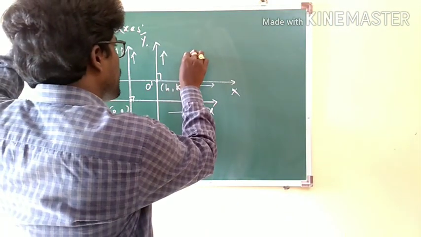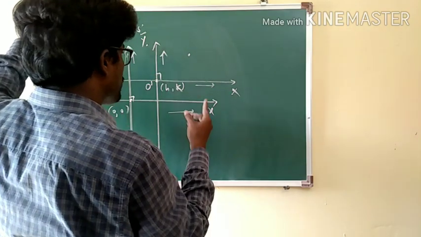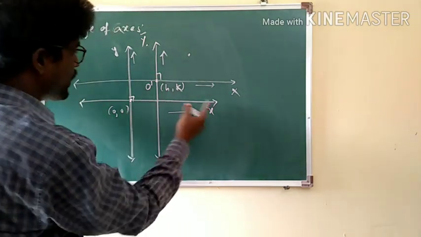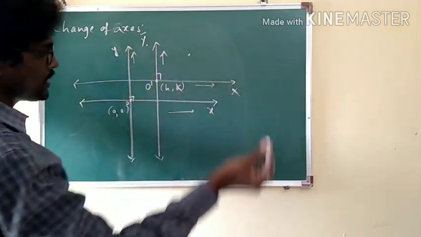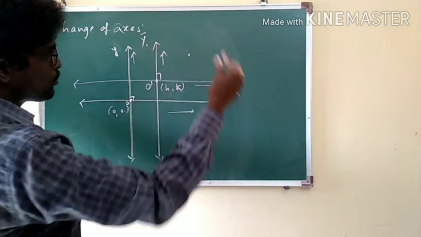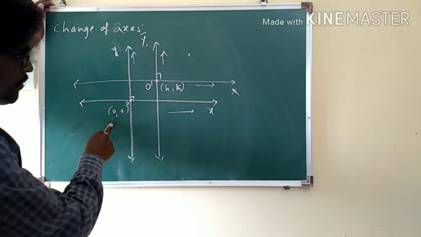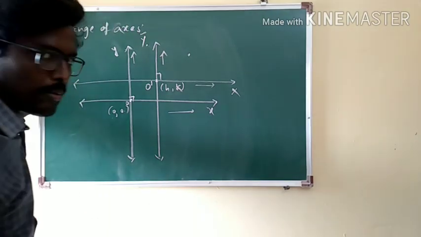The point I am taking in the coordinate plane with respect to the old axes OX and OY, which are the old axes, and O dash X and O dash Y are the new axes. The origin in the old case was (0, 0) and in the new case it is (h, k).